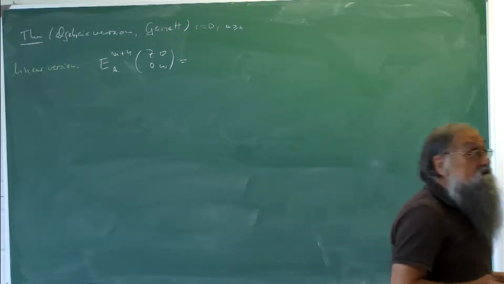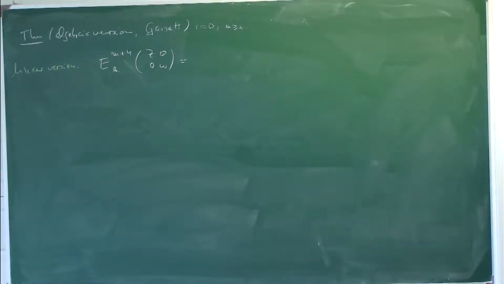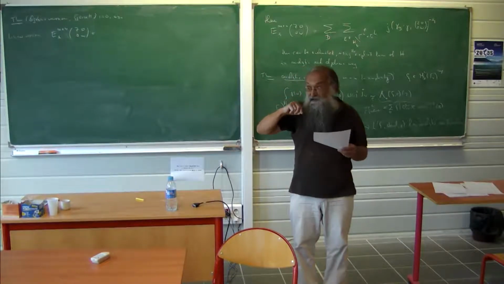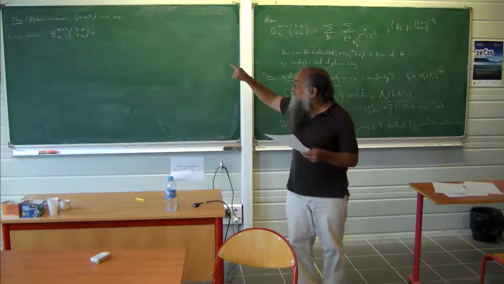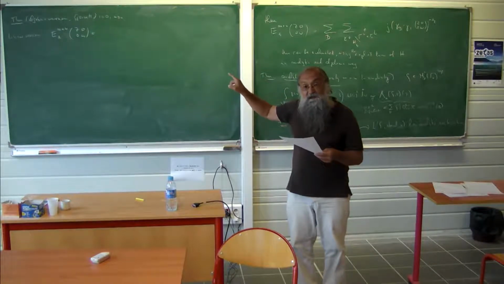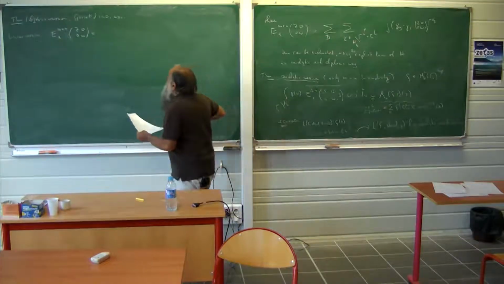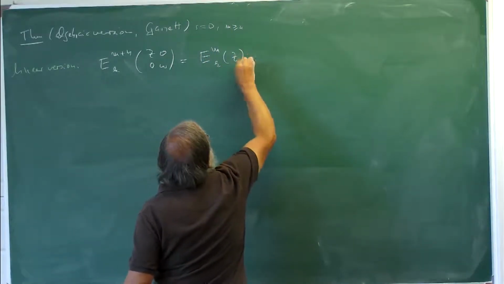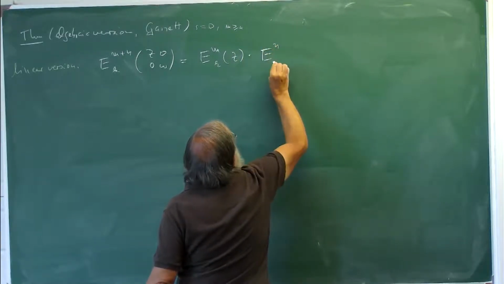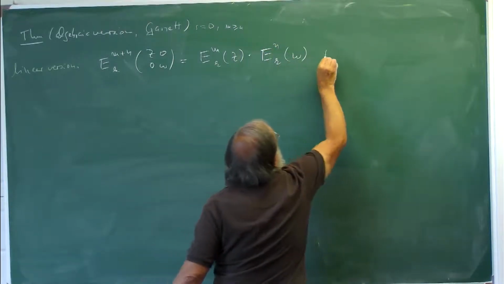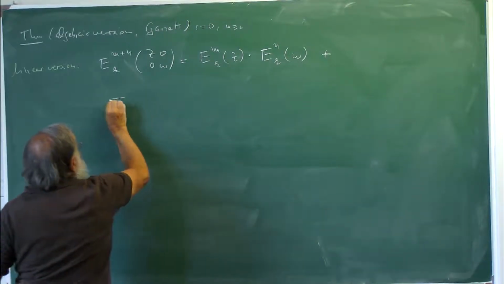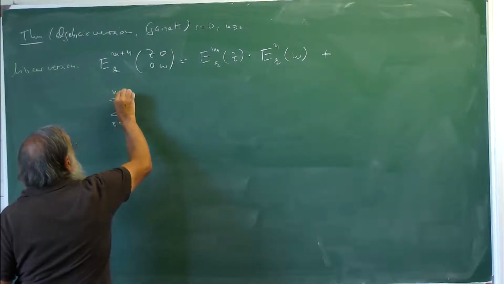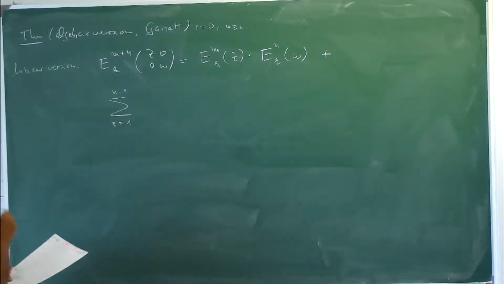Remember the double cosets over the field, they had n+1 representatives, just n+1. And according to that, we will have, first of all, a sum of n+1 terms. The first term is just the Eisenstein series, and then we get some middle terms.